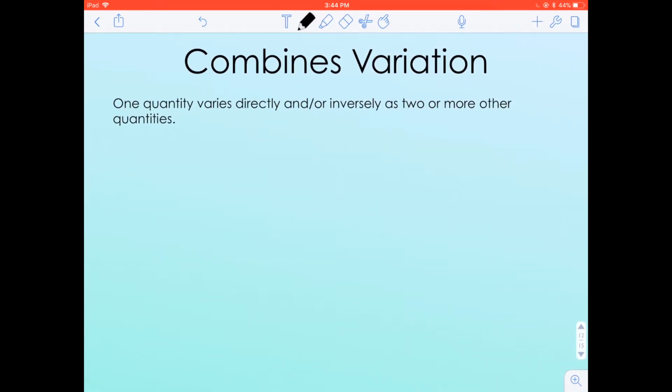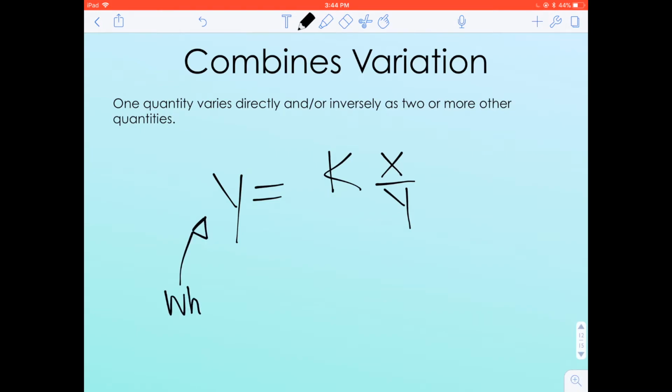All right, combined variation. Okay, this is when one quantity varies directly and or inversely or also jointly as 2 or more other quantities. So basically, if we have y equals k times x over y, whatever varies goes on the left, just like we said earlier.